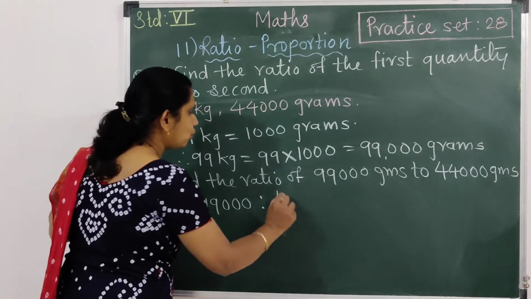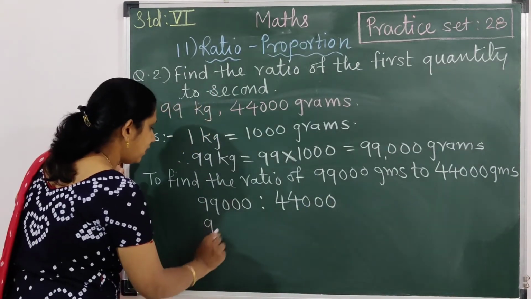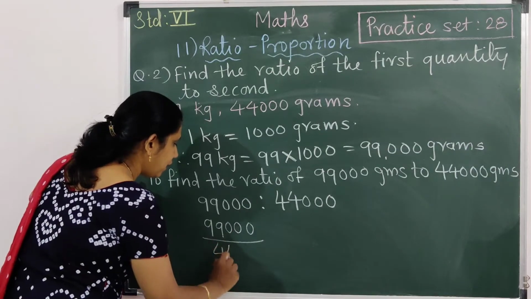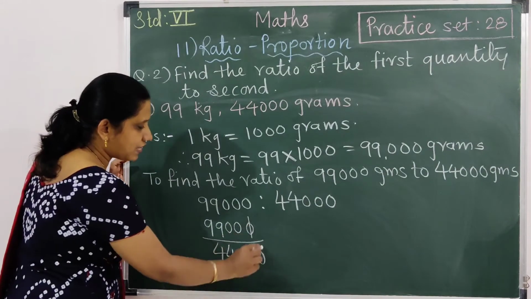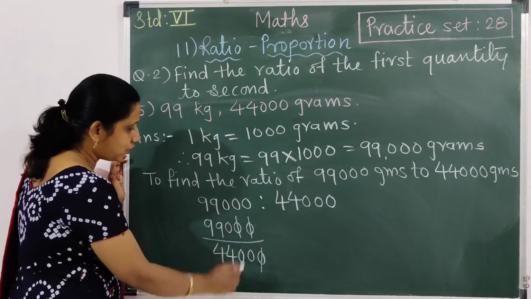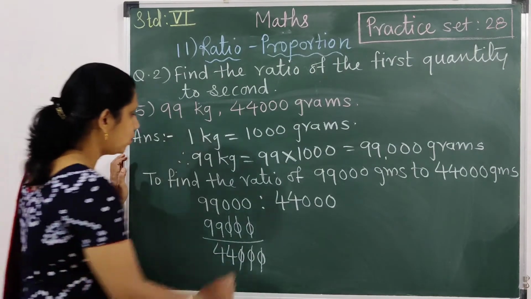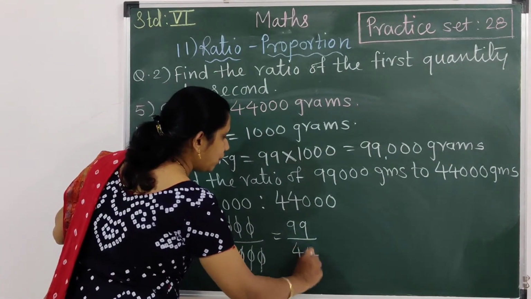Okay, therefore 99,000 is to 44,000. Alright, so let us divide 99,000 divided by 44,000. Okay, this 0 gets cancelled with this 0, this 0 gets cancelled with this 0, this 0 gets cancelled with this 0. So what remains? 99 upon 44.